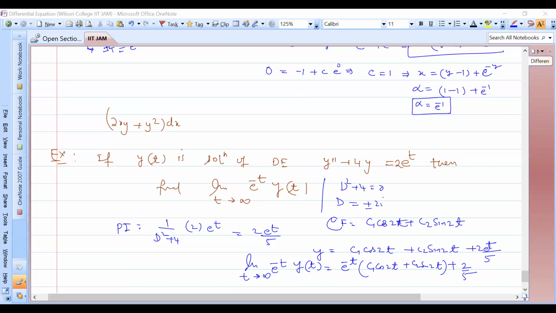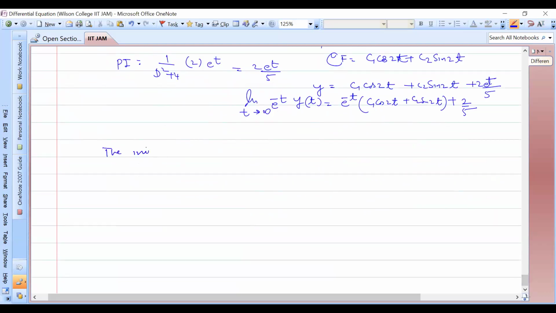One sec. Let me take another sum. We have one problem, the initial value problem: dy by dt equals root of y, y(0) equals alpha. Options: at least two solutions for alpha greater than 0.